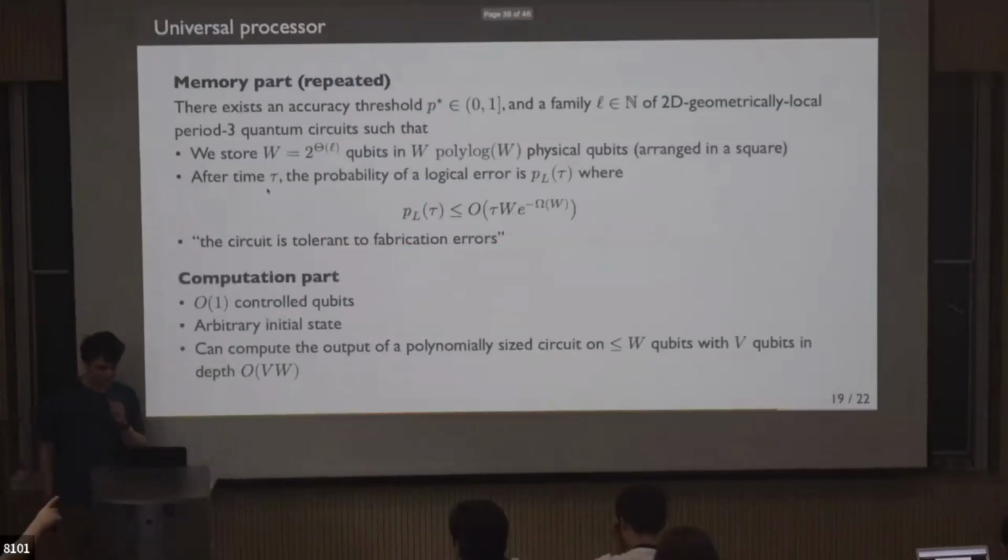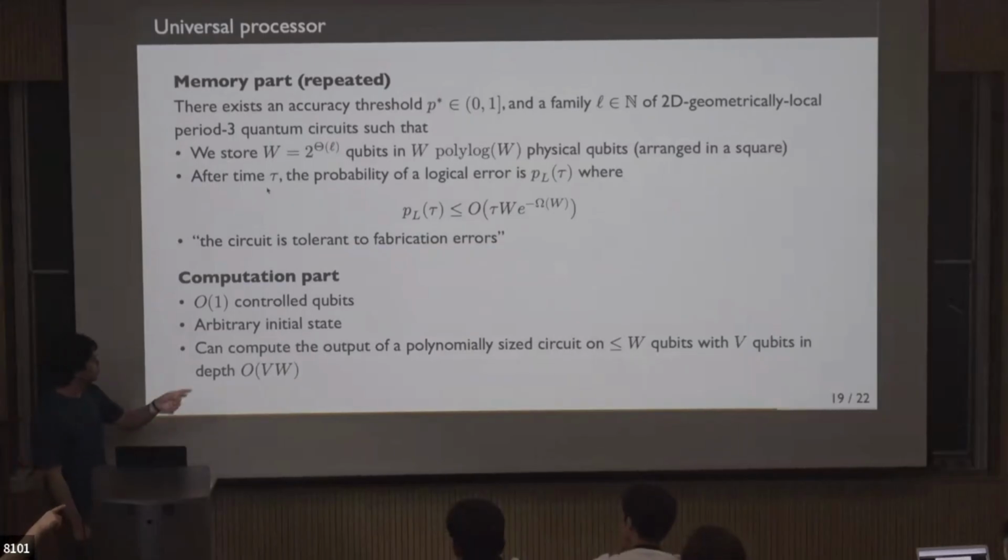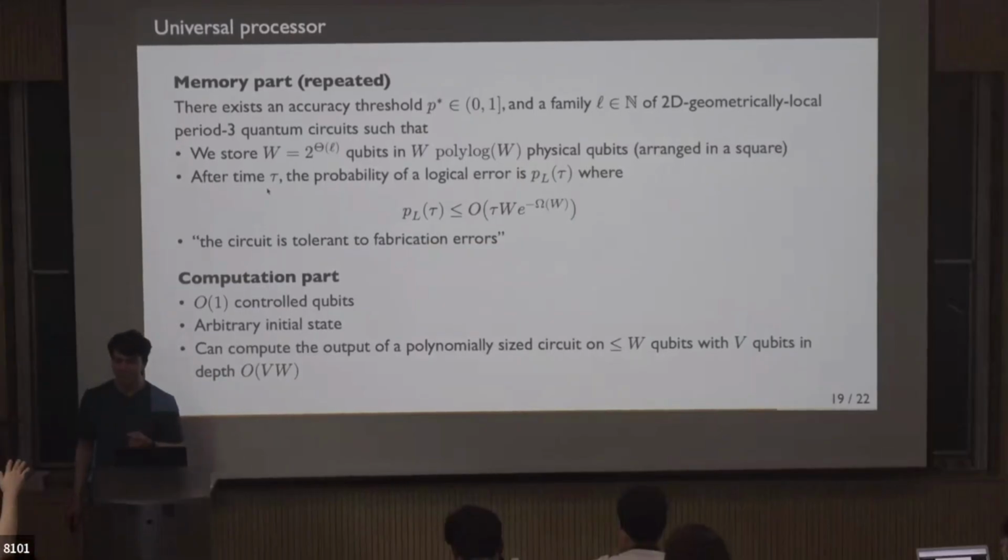Sorry. You said output of a polynomially sized circuit on W qubits with V gates? Yeah, V gates. V is the depth of the circuit. Total gate count. Yeah, so in general, it can be width times depth. So it's quite bad.